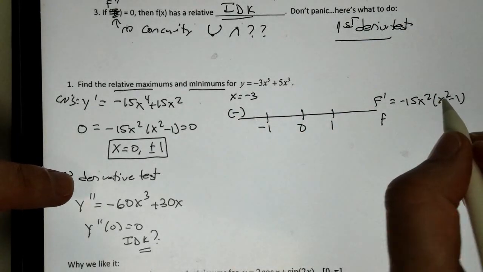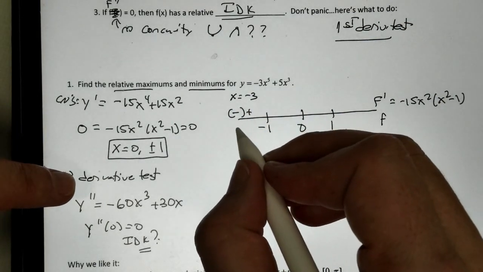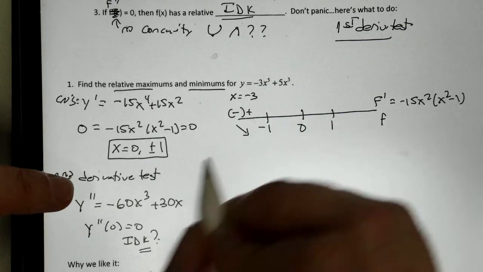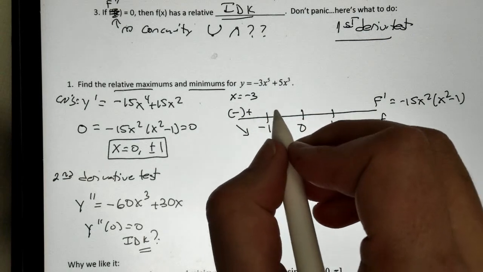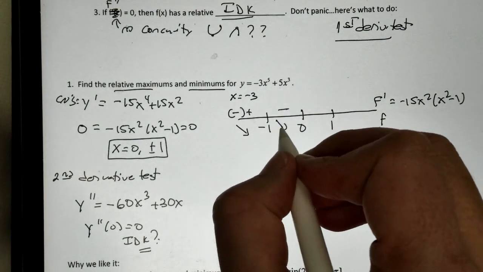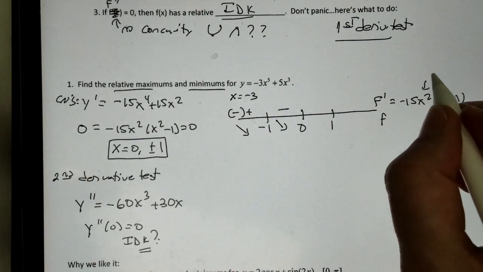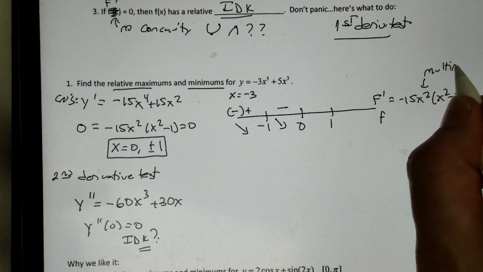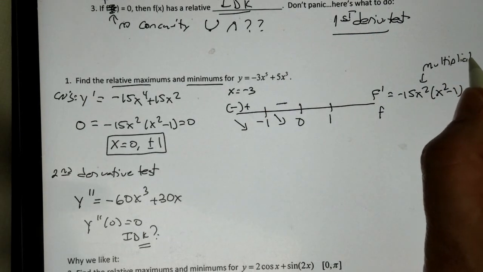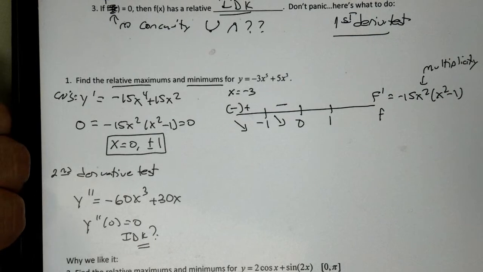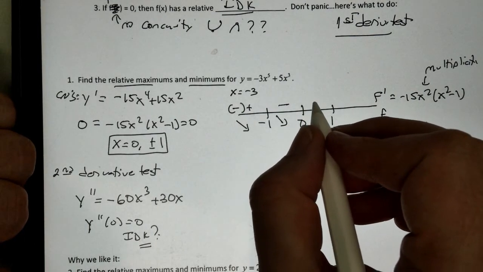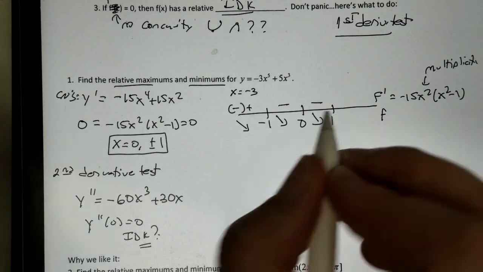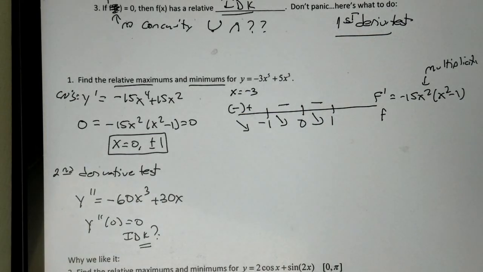Negative 3 squared is 9, minus 1, that's a positive, so this is going to be a decreasing function. Now, at the 1, there is no multiplicity, so I know that this is also going to be negative. Now notice there is multiplicity at 0. What that means is at 0, if one side's negative, the other side has to be negative as well.